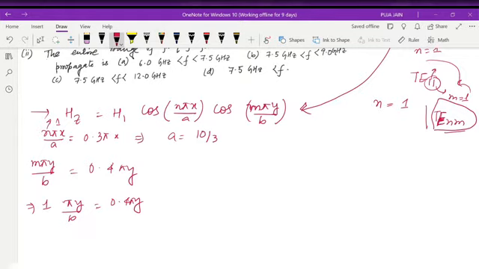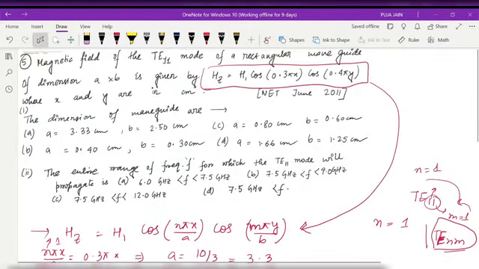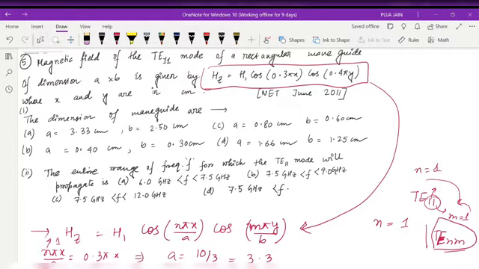From here we get B equals 10 by 4. So A is approximately 3.33 and B is 2.5. Let's see which option is correct: we are getting 3.33 and 2.5, so option A is correct.